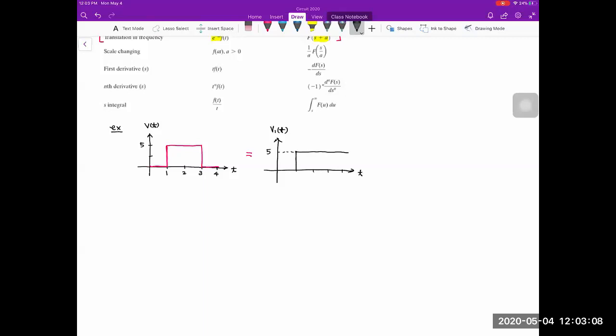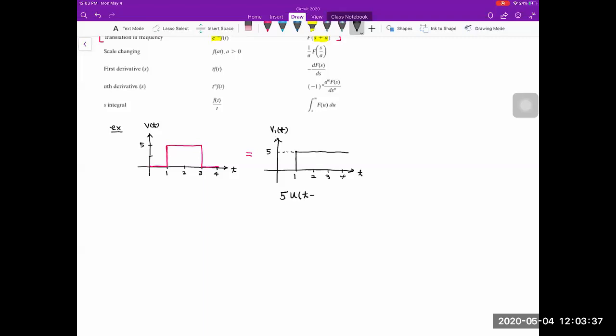But this one doesn't start from 0. It starts from 1. And how do you represent that? It's not starting from 0. Well, if u of 0 is equal to 1, that's what the unit step function represents. How can I make it so that at time equal to 1, the argument will be equal to 0?